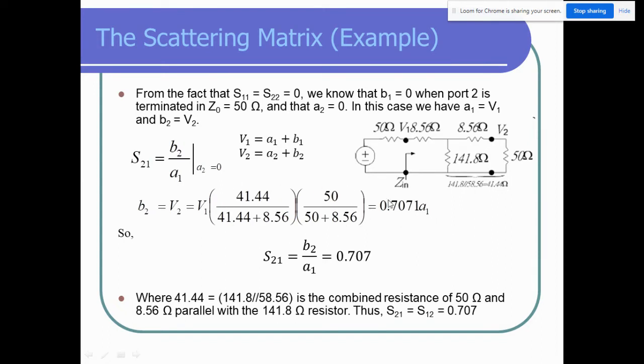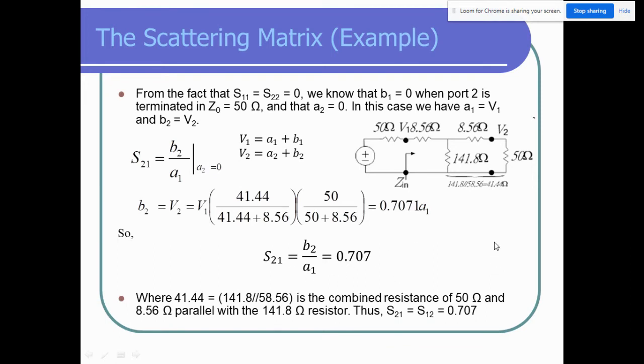So from here, if you put this one as B1, B2, then A1 and A1 cancel out, and we get S21 is equal to 0.707. Similarly, if we do the same scenario here and watch from here, we get S12 is equal to 0.707. So that's how the whole process has been done.